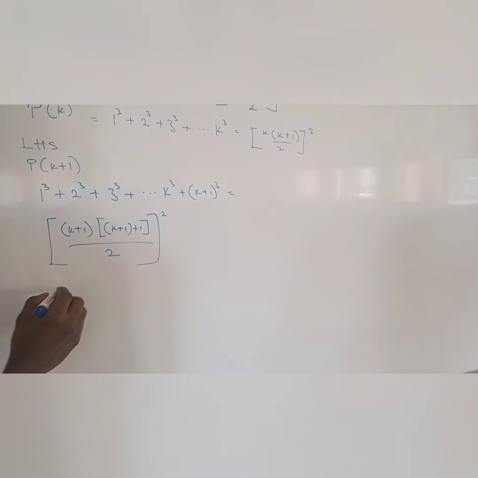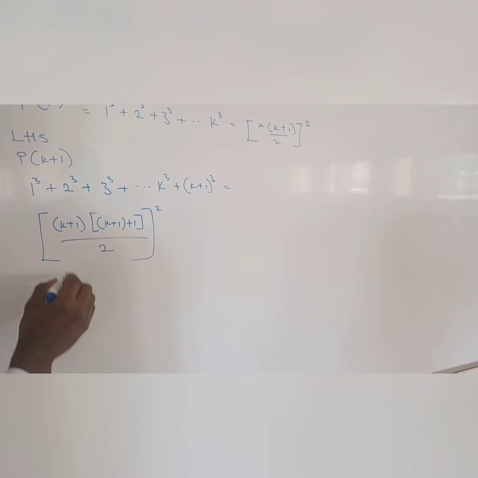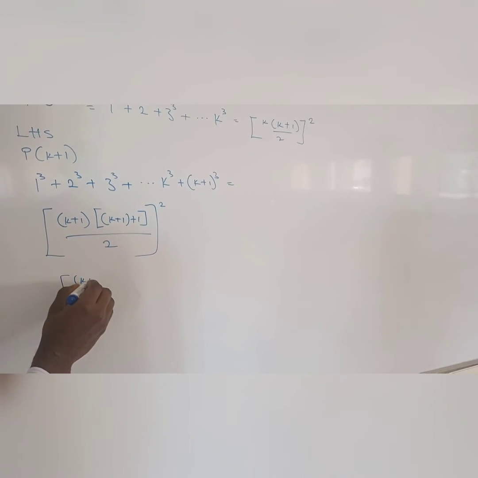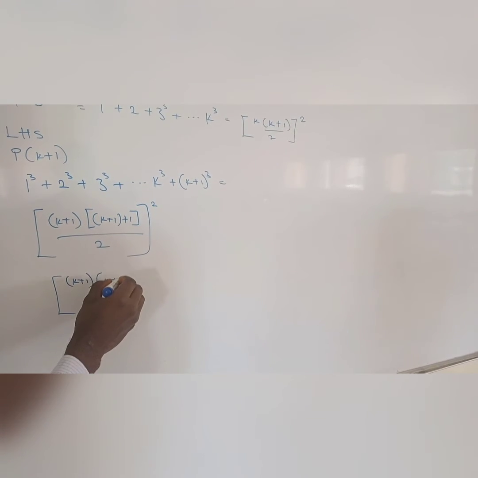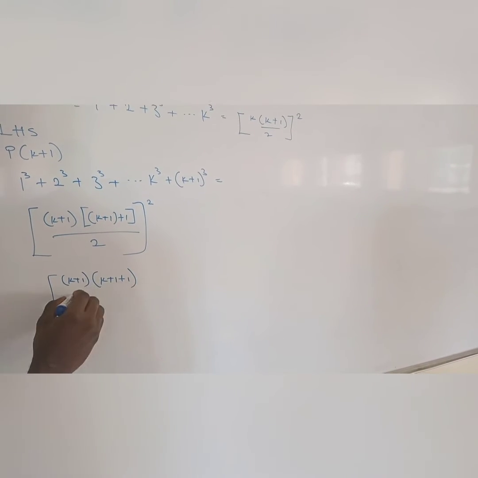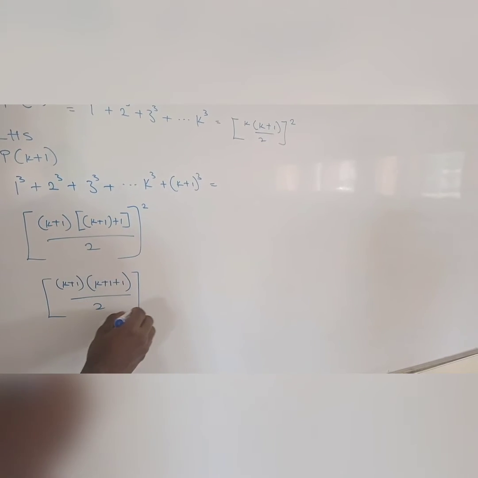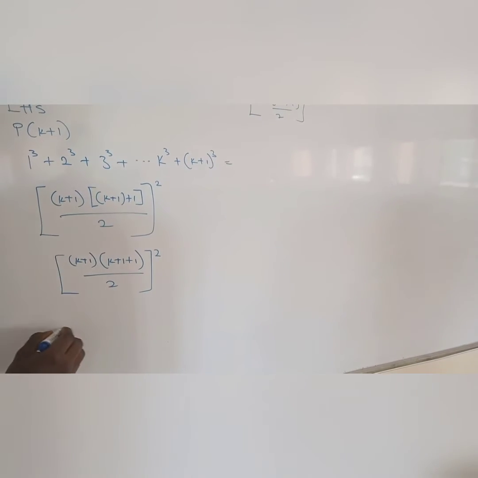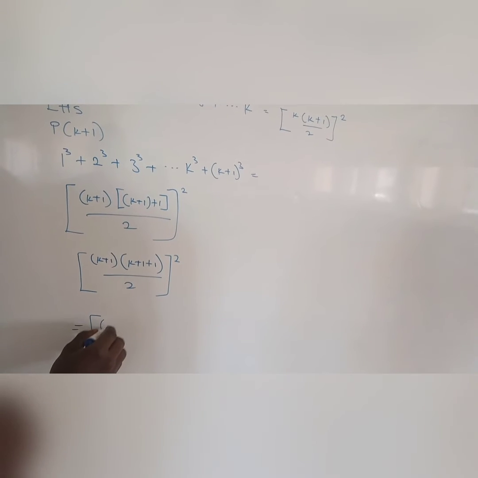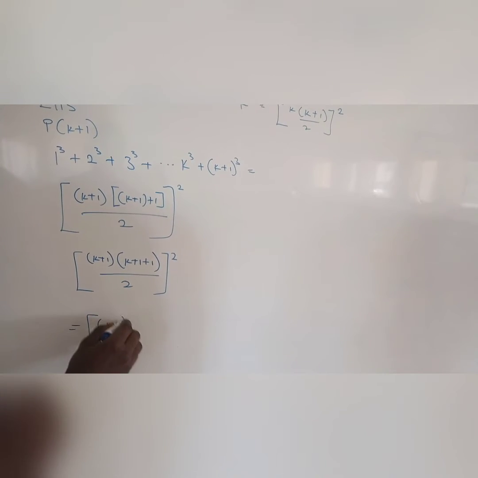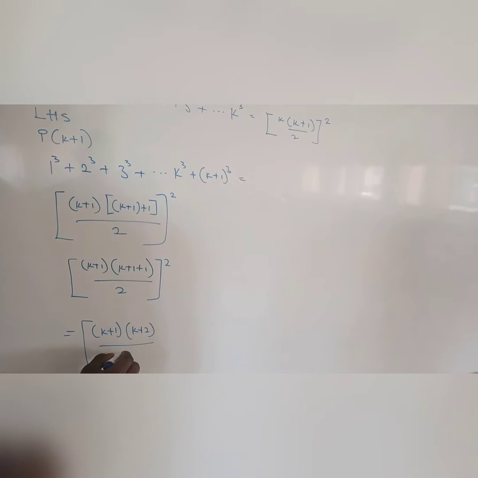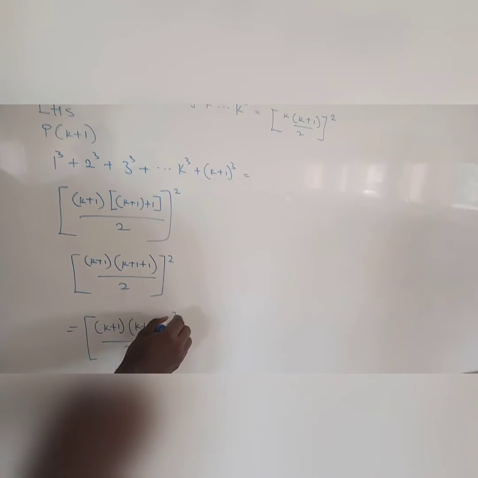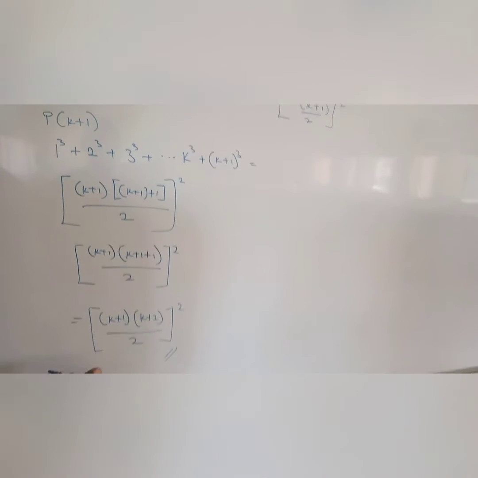And opening all these brackets, this remains k plus 1, and for this, (k plus 1 plus 1) over 2 squared. And this is equal to (k plus 1)(k plus 2) all over 2 squared. And this becomes our answer for our left hand side.